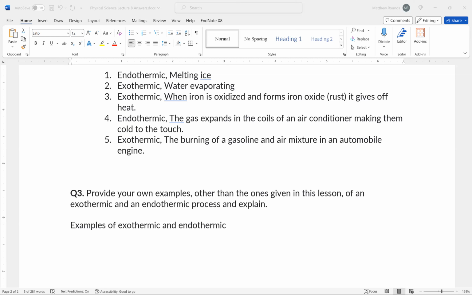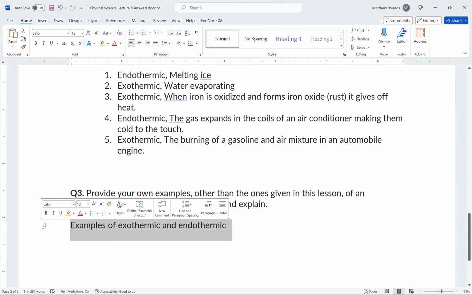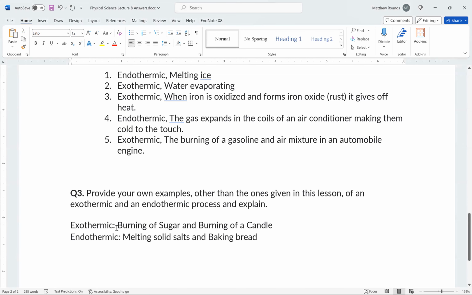So the issue with your examples is you're basically giving me the same thing: burning of a sugar, burning of a candle. Let's say burning of a piece of wood, right? We want to not use the same thing. Like the endothermic, you did a better job: melting solid salts, baking bread.